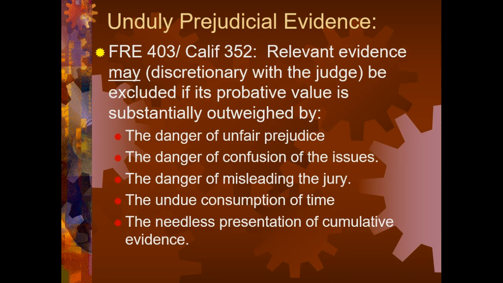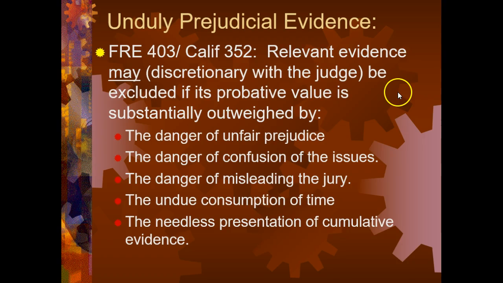So if they're really one and the same, meaning the probative value is about the same as the negative consequences, that evidence is going to come in over this rule, because the rule says it has to be substantially outweighed. That means you put it on the scale, and the scale just tips right to the opposite side. The negative consequences are so heavy, they throw the scale right off to one side or the other.